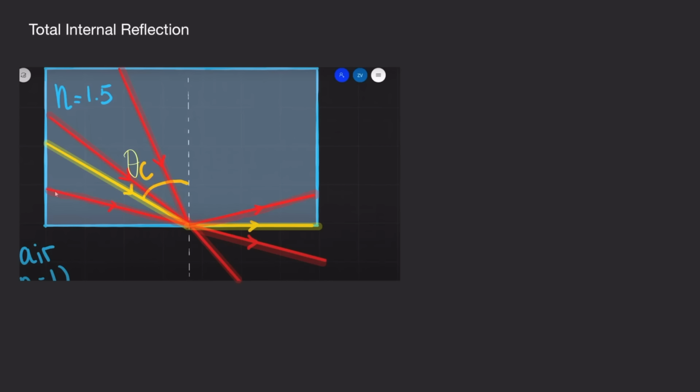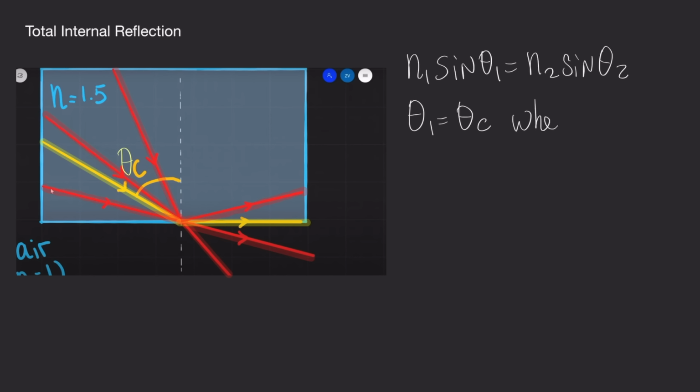How do we derive this angle? Well, let's use Snell's law. So I'm going to write that n1 sine theta 1 is equal to n2 sine of theta 2. I'm going to call the angle of incidence at which total internal reflection occurs the critical angle. And this happens when theta 2 is equal to 90 degrees.